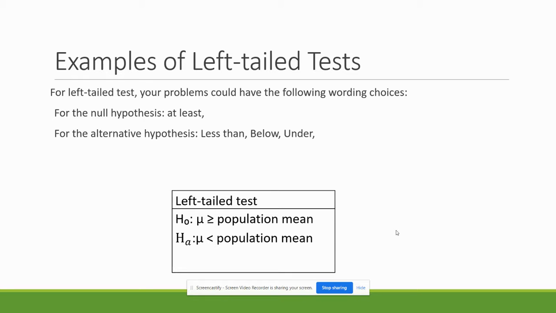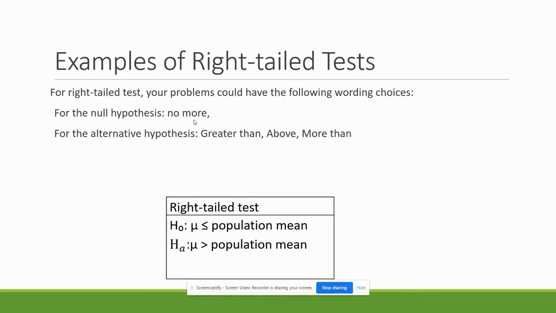So examples of left-tailed test, you're going to see wording like less than, below, under. The null for this one, this greater than or equal to, can be written as at least. So make sure you know these kinds of word choices. Examples of right-tailed, the null is going to be no more than. Like I say, I'm going to give you no more than $100.